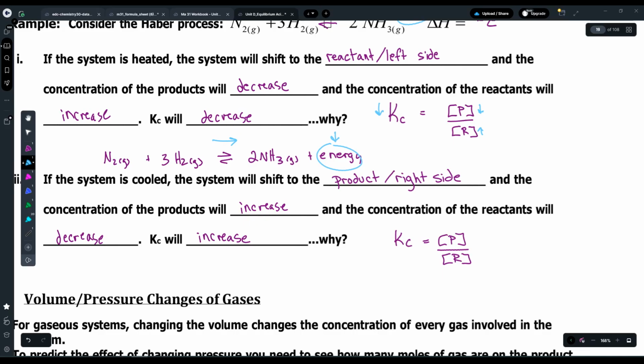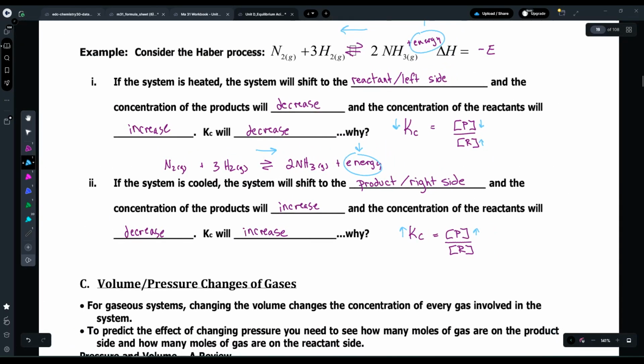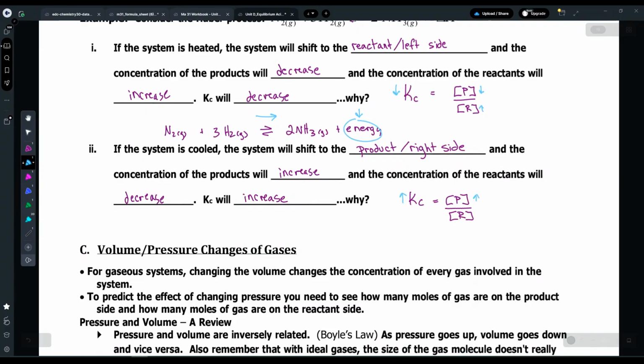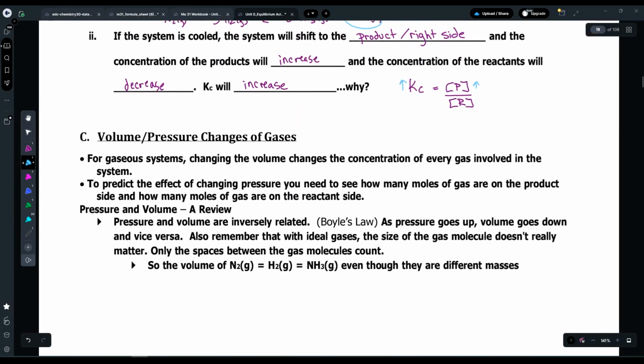Okay, so I'm going to choose to focus on the products just because it's a proportional relationship, which means what happens to one, the exact same thing happens to the other. So we know that our concentration of products is increasing. That means that the equilibrium constant is also going to increase. So that's the mathematical explanation as to what is happening to your equilibrium constant.